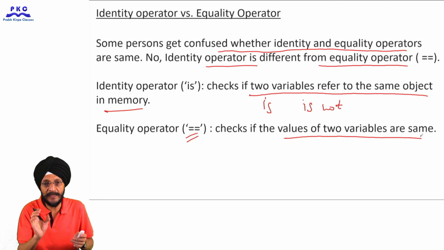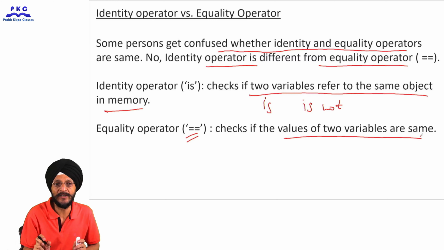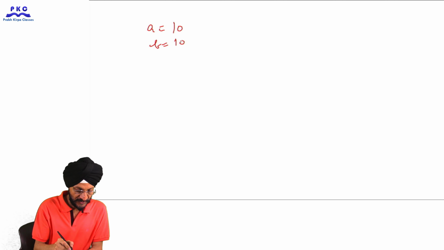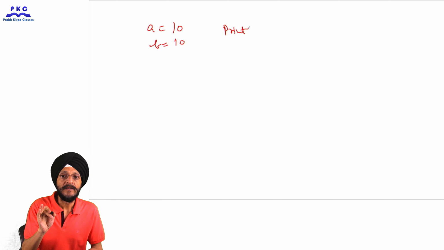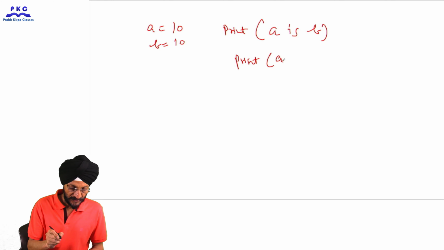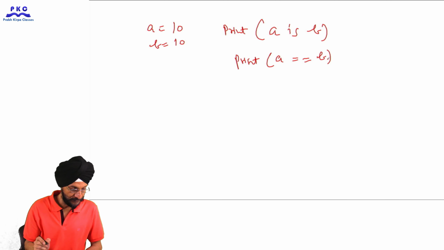We will understand the same difference between the identity operator and the equality operator with the help of an example. Suppose we write a is equal to 10, b is equal to 10, and we use the identity operator, print a is b, and in another we use the equality operator, print a equals equals b.